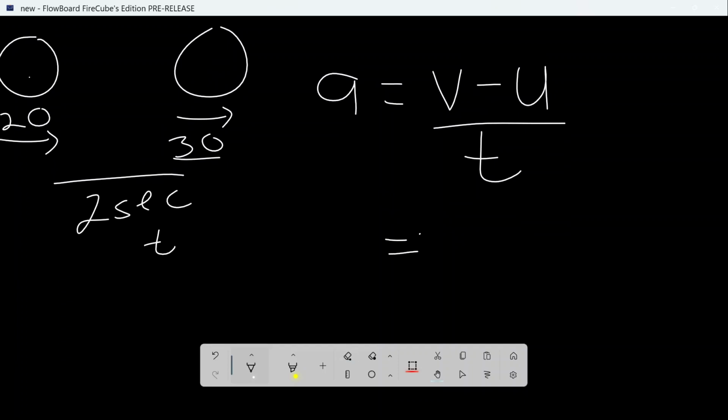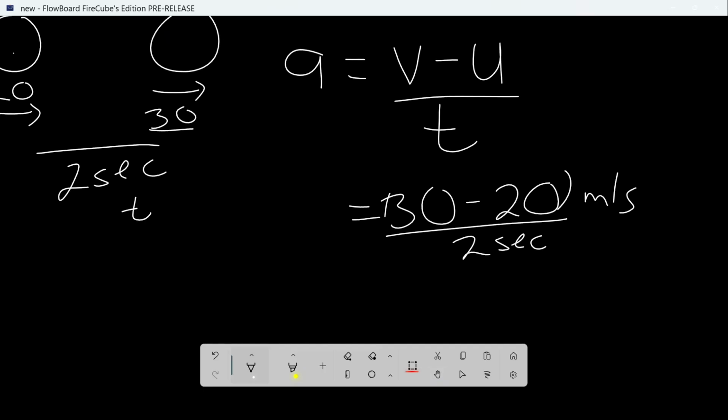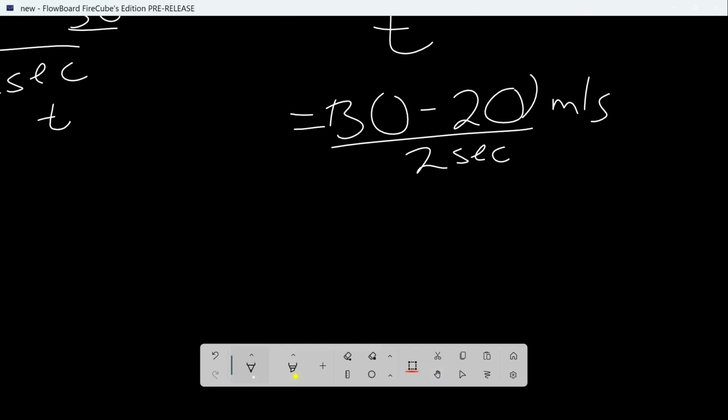So we have 30 minus 20 divided by 2 seconds. And these are in meters per second. The units are quite important. And so finally, we'll have something that looks like 30 minus 20 is 10, so a equals 10 meters per second divided by 2 seconds.